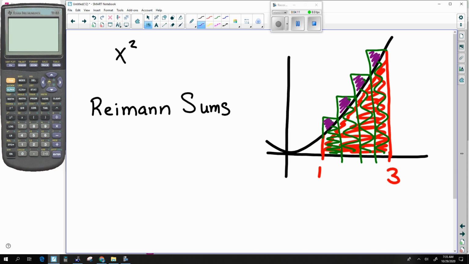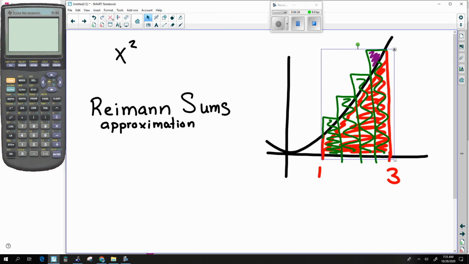That's why these are an approximation. It's not going to be the actual true area, but it is a guess.